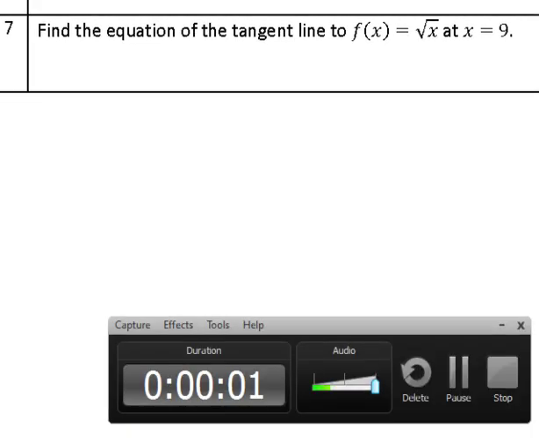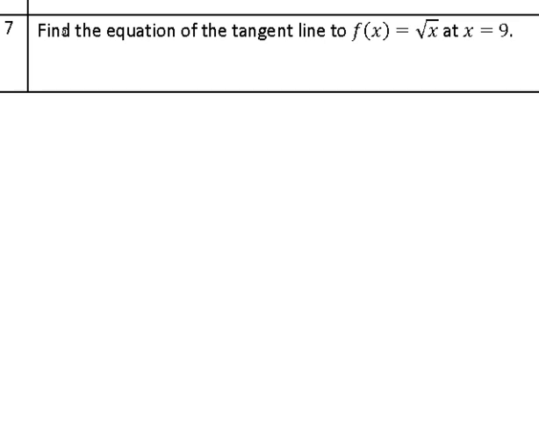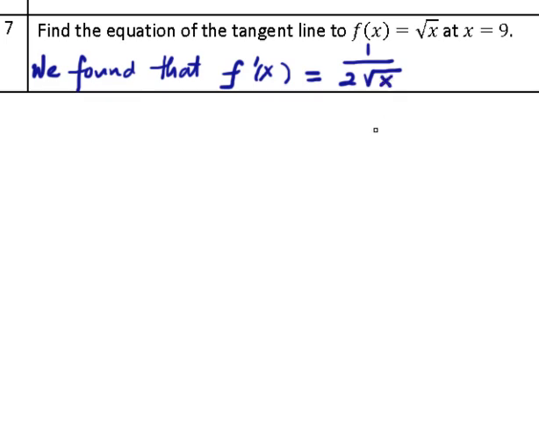Okay, number 7 is related to question 6. We want to find the equation of the tangent line to f of x is equal to the square root of x at x equal 9. And in number 6, we found that f prime of x, or the derivative of f of x, is equal to 1 over 2 times the square root of x.